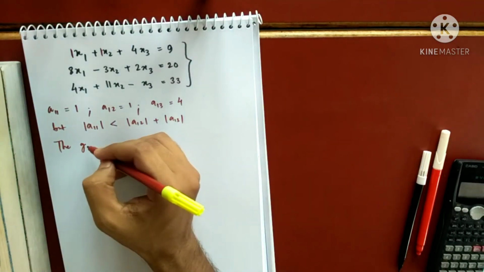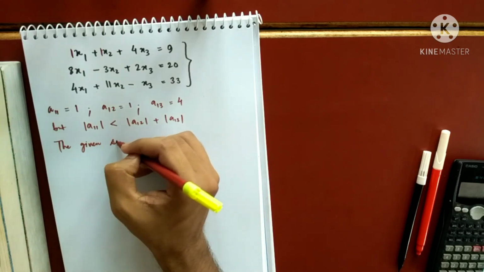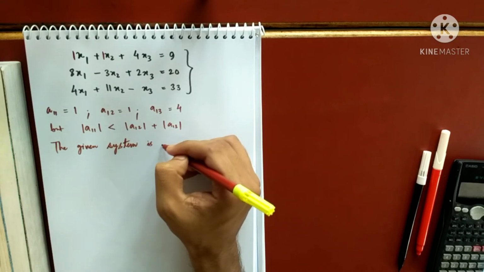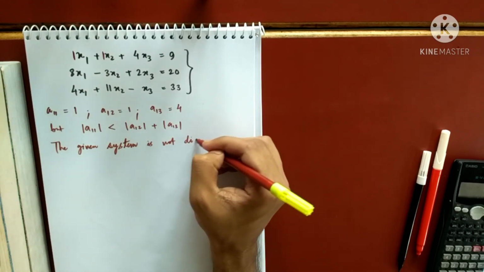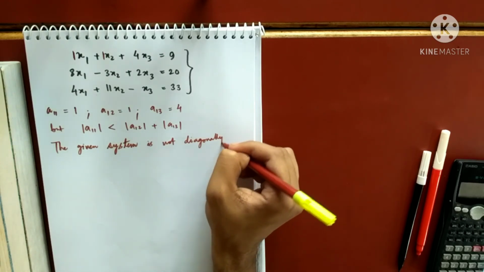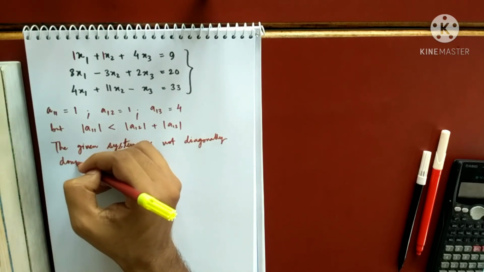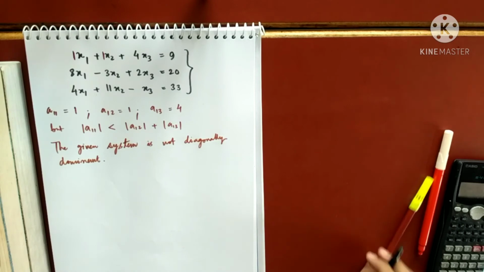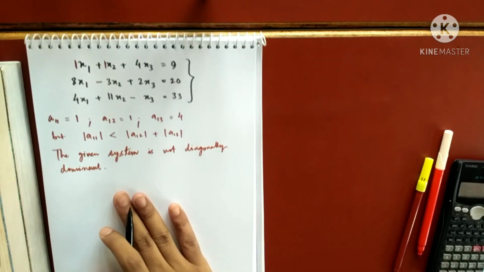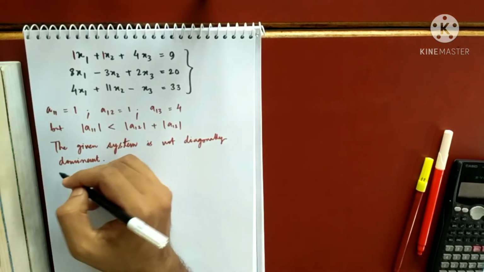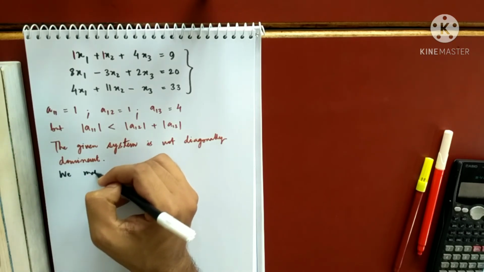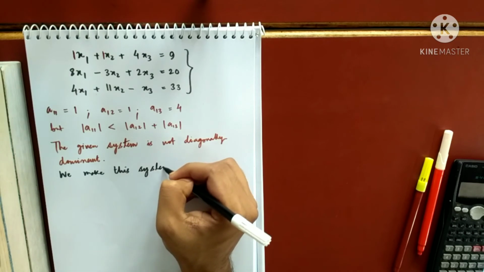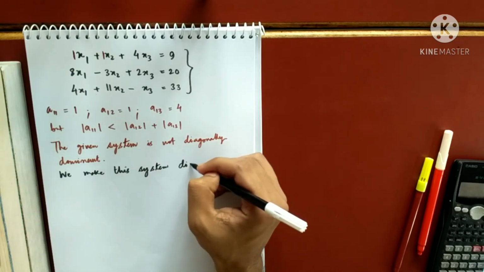So the given system is not diagonally dominant, but we can make this into a diagonally dominant system. I'll make this system diagonally dominant.